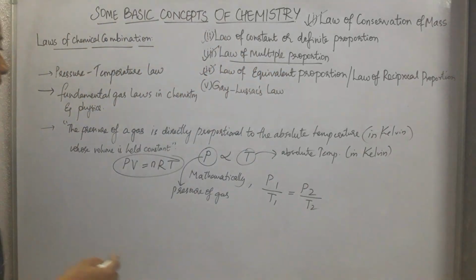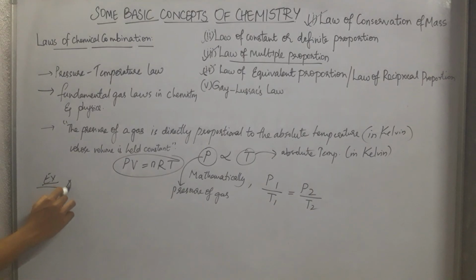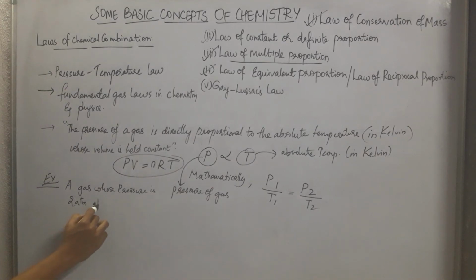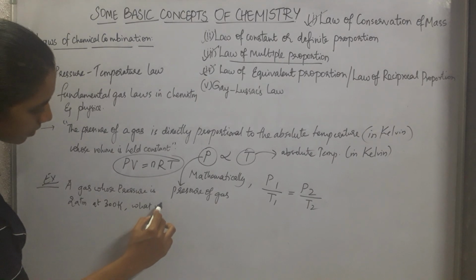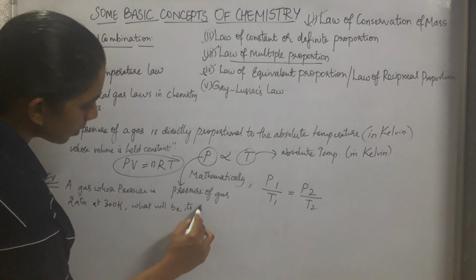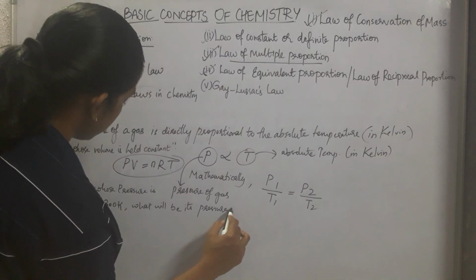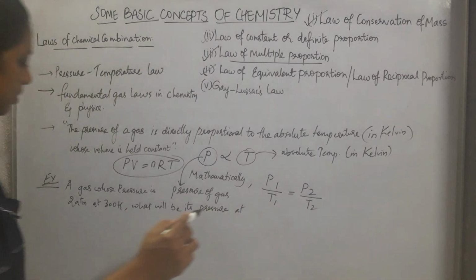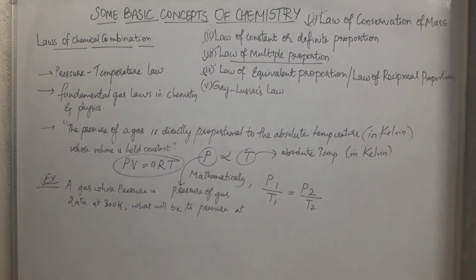So we'll solve one example. A gas whose pressure is 2 atmosphere at 300 Kelvin, what will be its pressure at, let us say, 450 Kelvin?